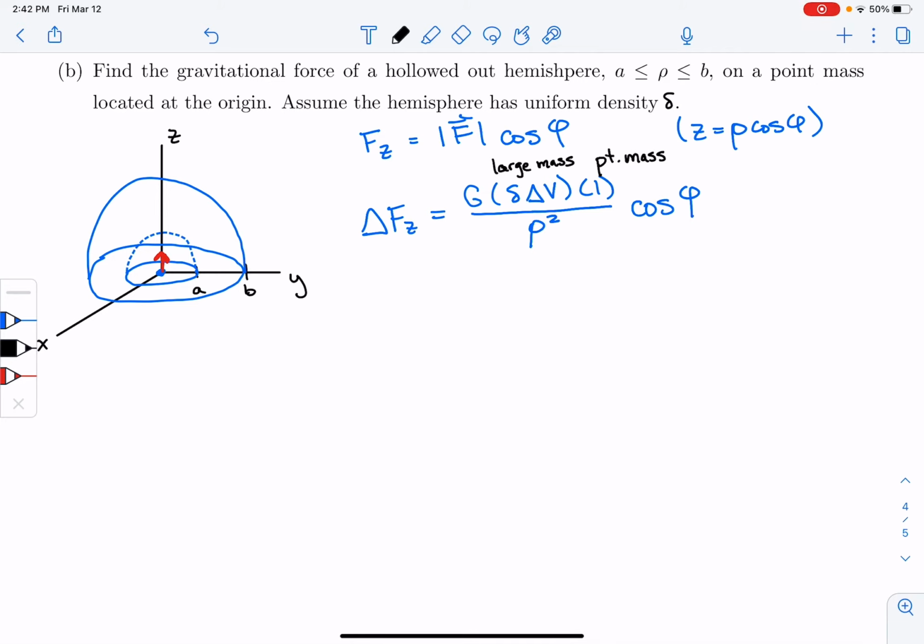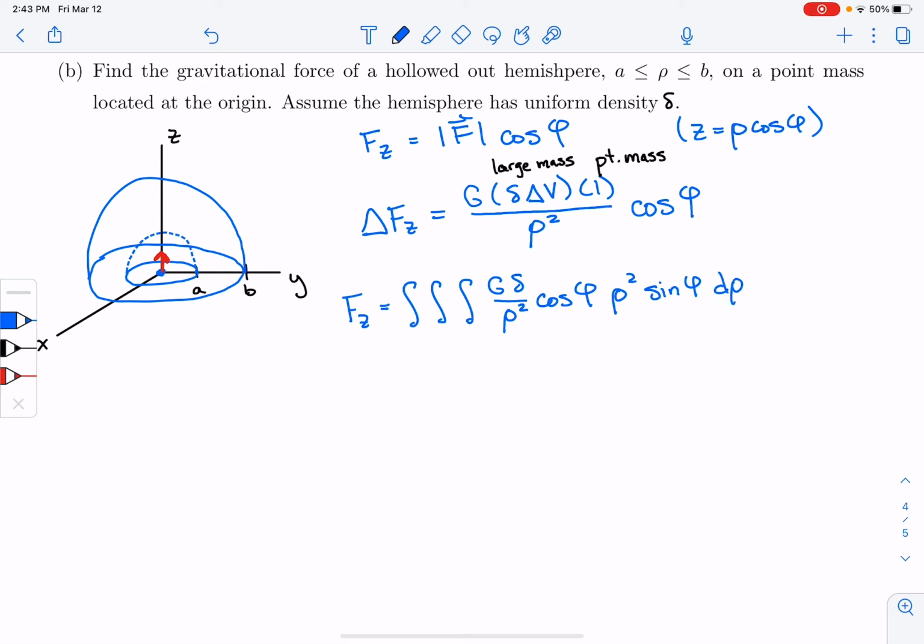So the total force in the z direction, if a little bit of force in the z direction is given by that function, we want to integrate over our hemispherical region: G delta over rho squared, cosine phi, and then for delta V, we put in rho squared sine phi d rho d phi d theta.